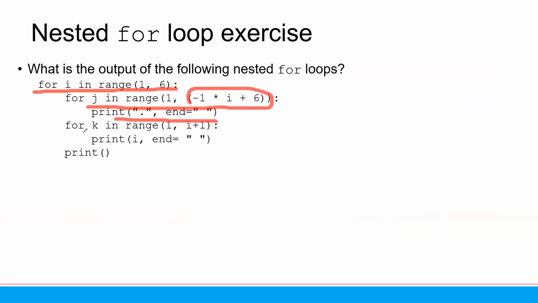After I print the dot, I want to print the K, which is from 1 until I plus 1. And then I will print the I. So I is the outer loop.